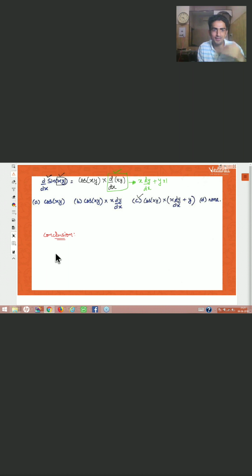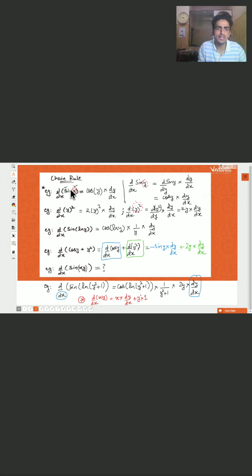Talking about it formally, let me once again conclude. Say you are differentiating some function of y, or whatever it is, but with respect to x. That is the whole thing I did in the last slide. Inside we have something in terms of y, but we are differentiating with respect to x.